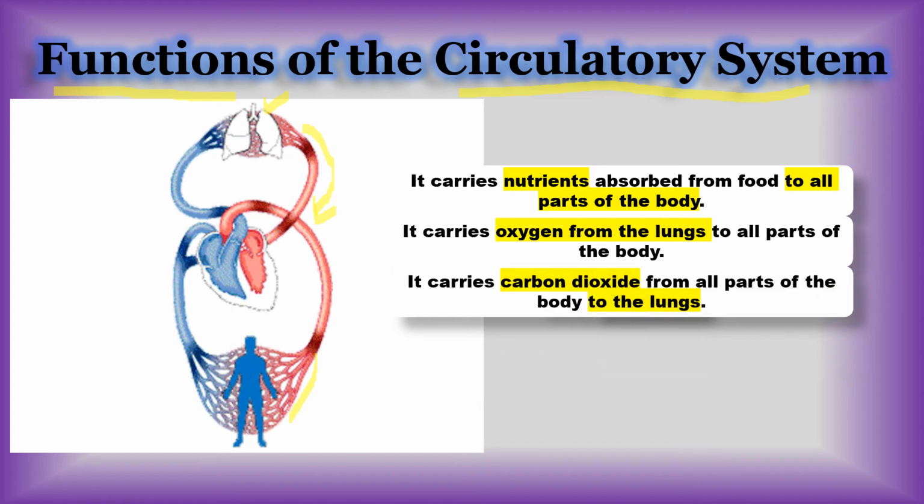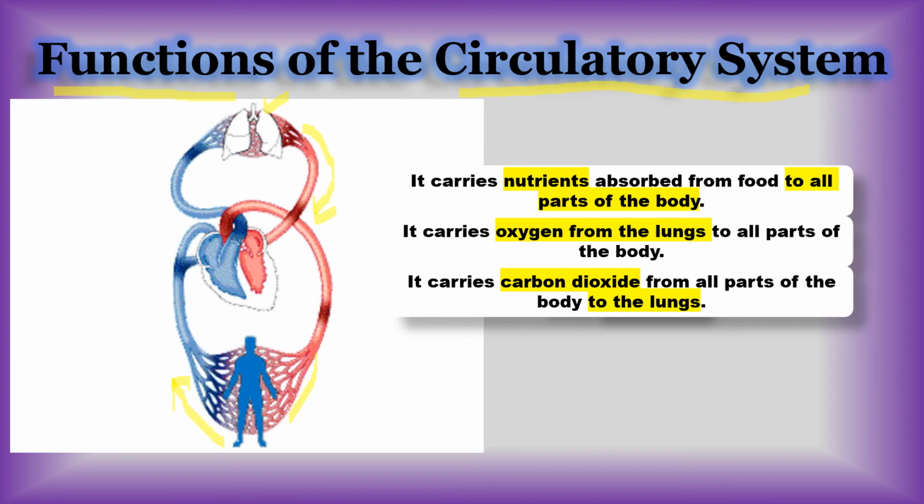This is now third, it carries carbon dioxide from all the parts of the body and gives it to the lungs. Now children, what happens? The oxygen is utilized by our body and whatever carbon dioxide is there in the blood is collected. That deoxygenated blood, meaning a blood without oxygen, a blood which has carbon dioxide, is collected by veins, which are shown in blue color.